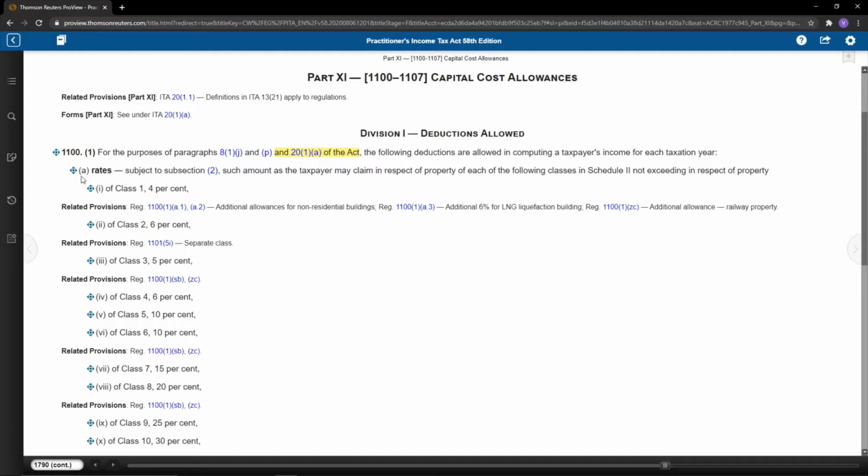And then paragraph A gives you the rate for each class. For example, a Class 1 asset would see capital cost allowance taken at a declining balance rate of 4%. Class 2 would be 6%, Class 3 would be 5%, Class 4 would be 6%, and on and on it goes. I think you're starting to get the idea.